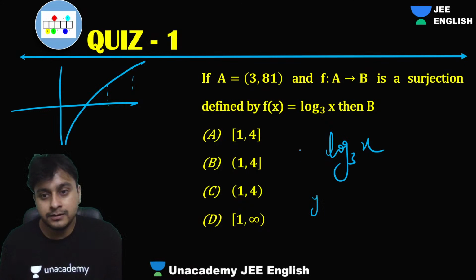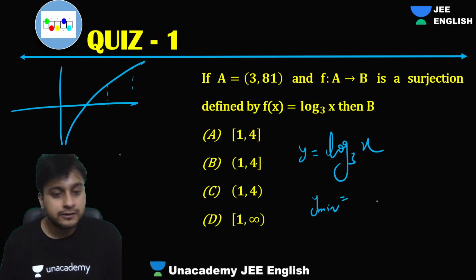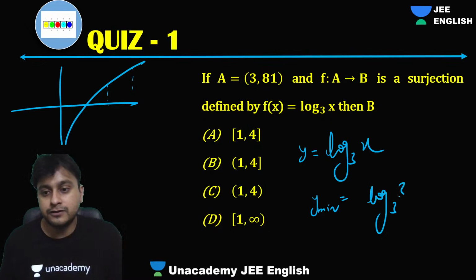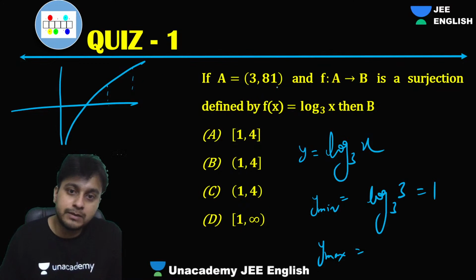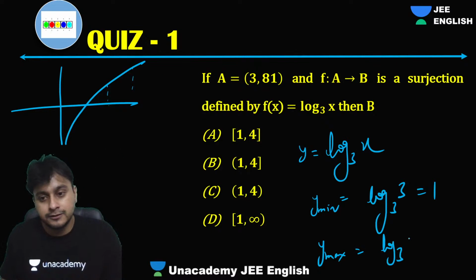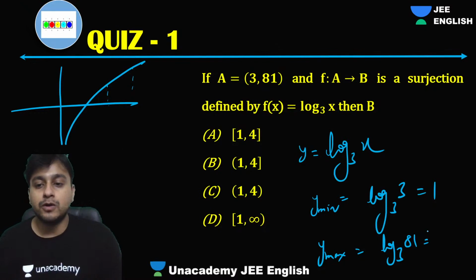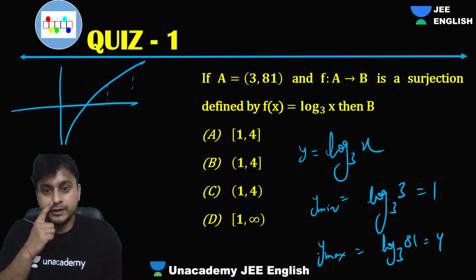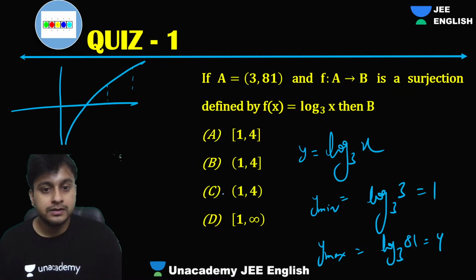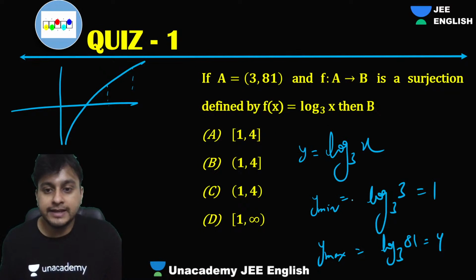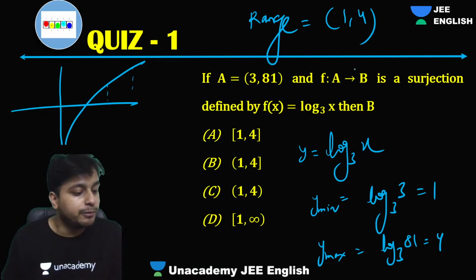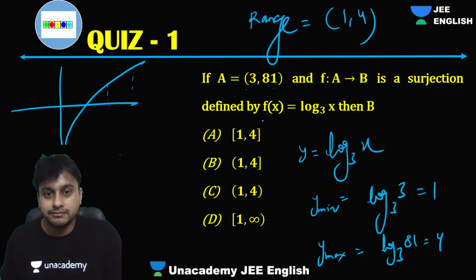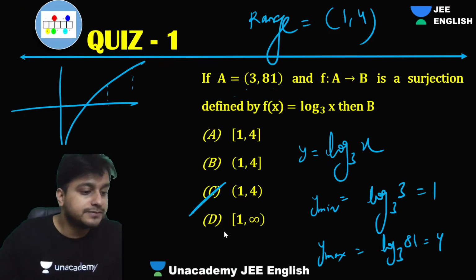So y min is log base 3 of 3, which is 1, and y max, as it is an increasing function, minimum at minimum and maximum at maximum, is log base 3 of 81, which is 4. So your range is 1 to 4, open. It can never achieve 1 and 4 because it is open. That's why C is the option.